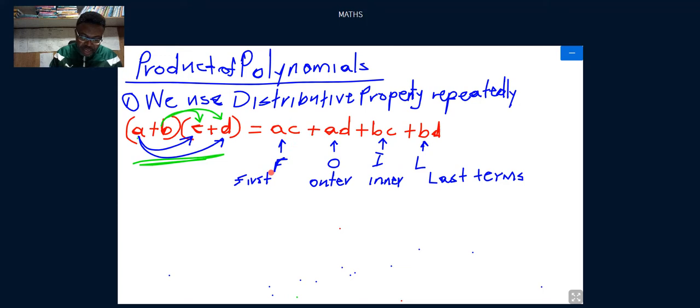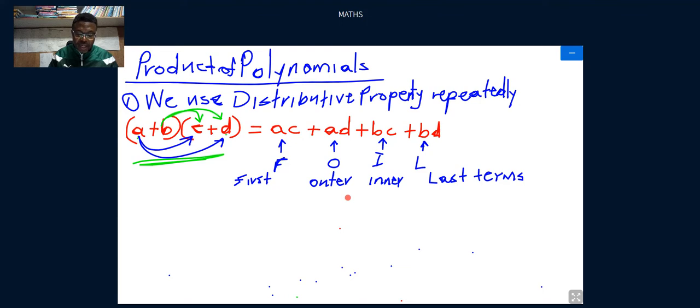And then we come again. Is the first and the last. So is the outer. We multiply the outer. A and D are outers. We get AD. Now we do the inner.